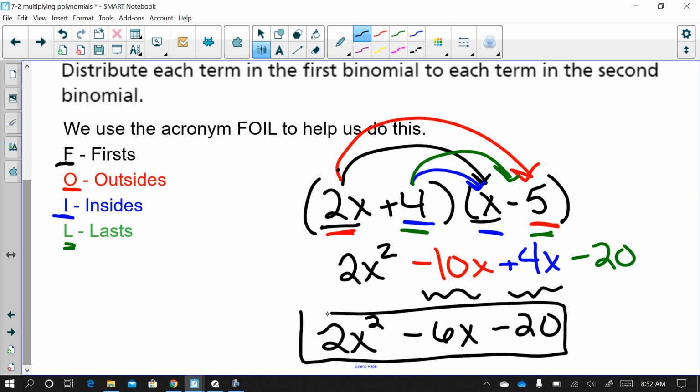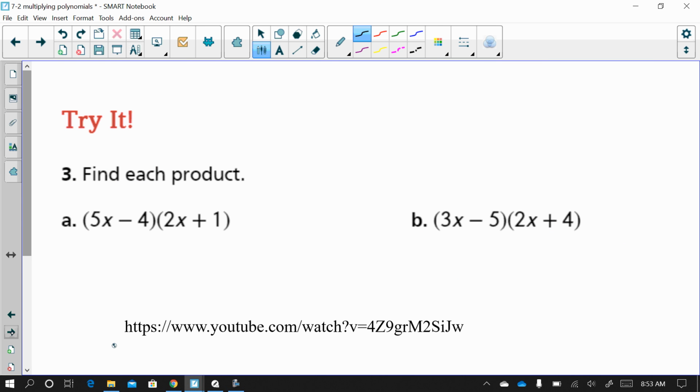Okay, that is FOIL. FOIL is a lot of fun. Okay, so FOIL: first times first, outsides, insides, lasts. Okay, that can help. Okay, please try these.